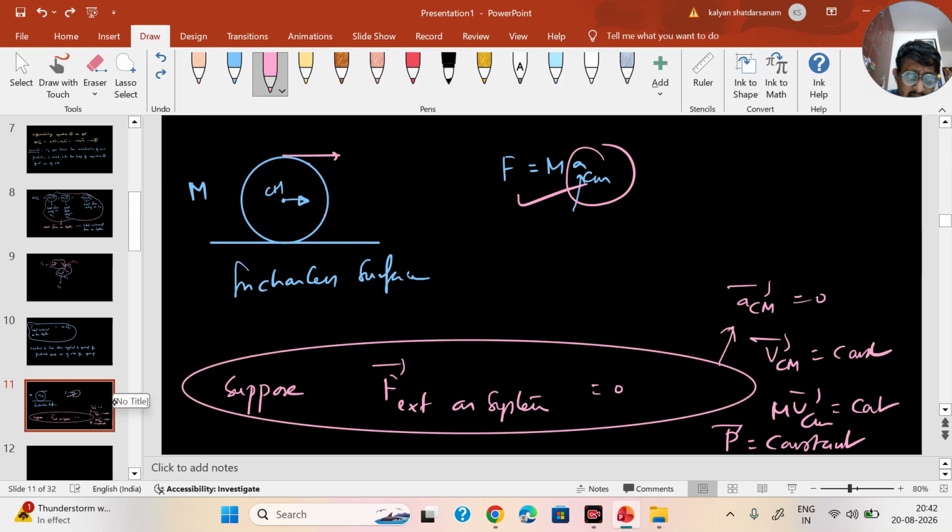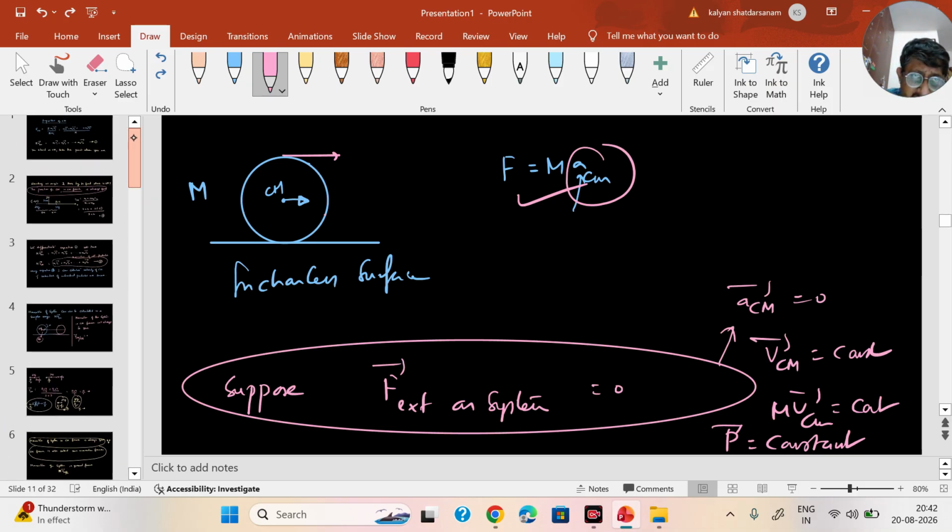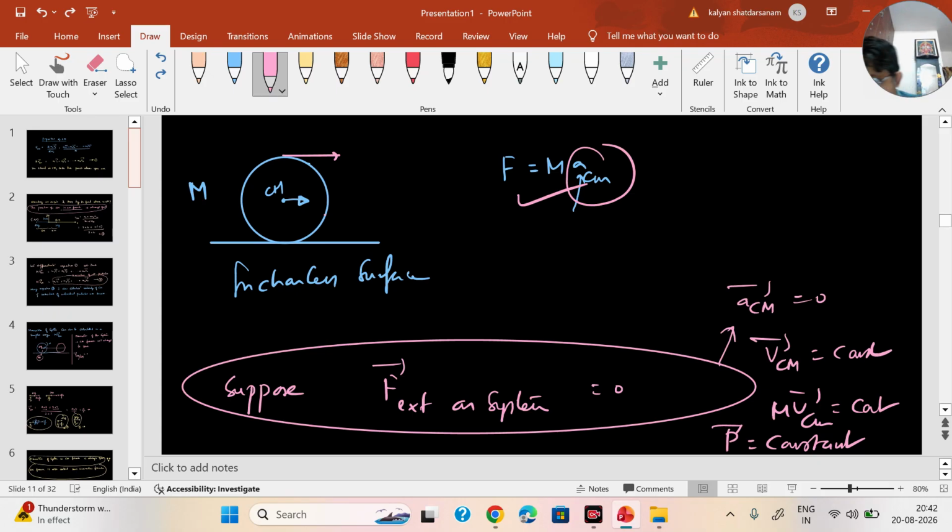But before that, I just want to revise once again from the beginning. Whatever I am telling you today is the crux of this chapter. The calculation of center of mass, integration, blah blah blah, all that. Anyway we have done it. Everybody will do. That is not very important. Most important is this only.